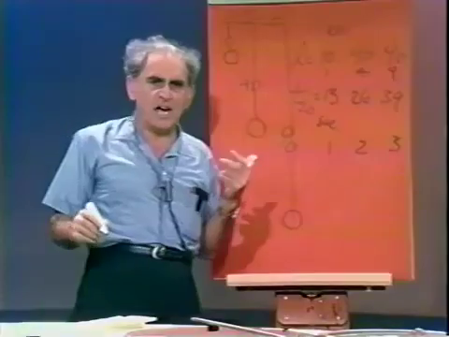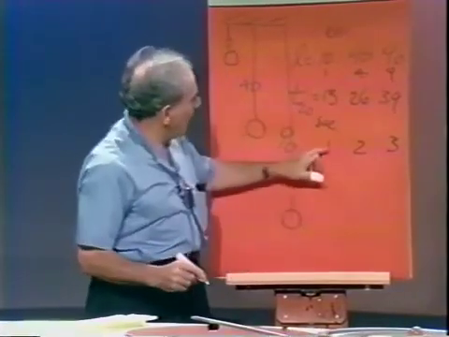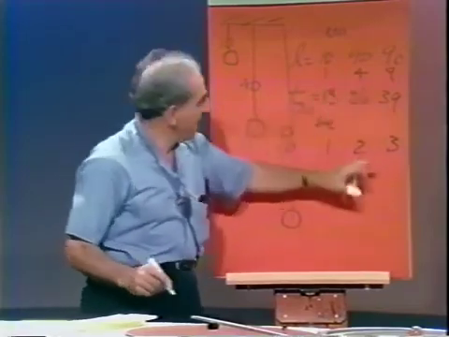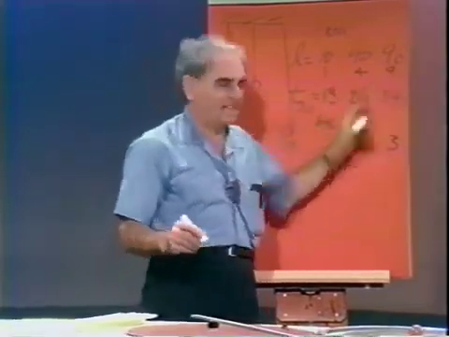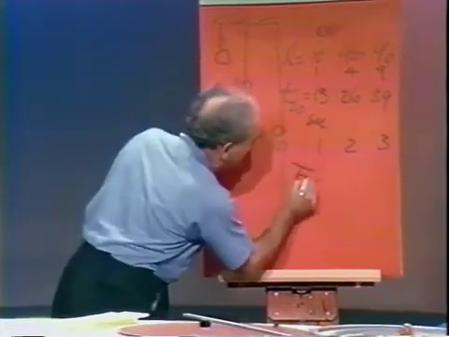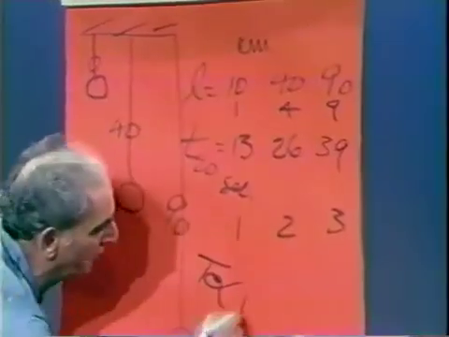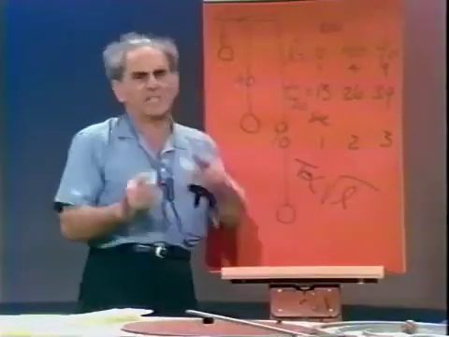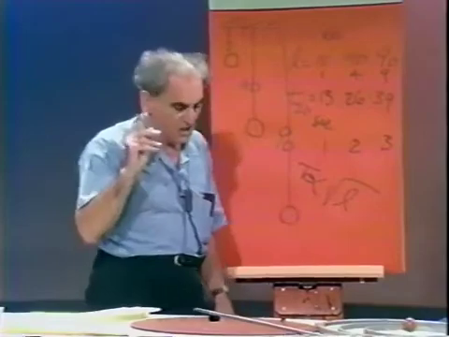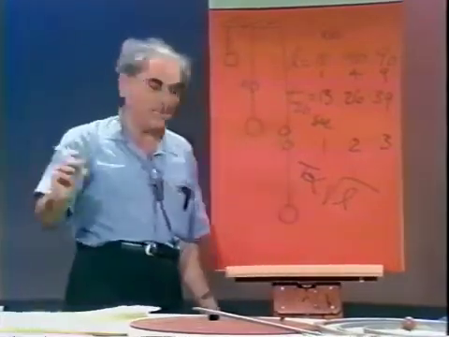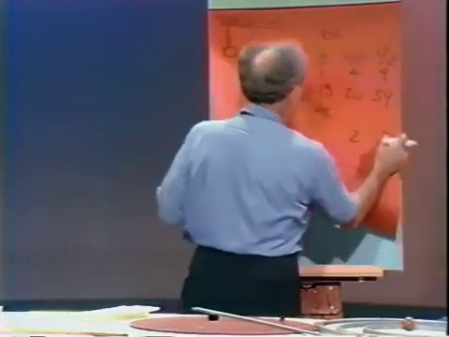And now a marvelous thing is encountered. 1 is the square root of 1, 2 is the square root of 4, and 3 is the square root of 9. And that's what that so-called formula says, that the period is proportional to the square root of the length. And this other stuff comes out of some mathematical gymnastic. So we have learned a wonderful thing about pendulums by examining the motion of 3 of them.